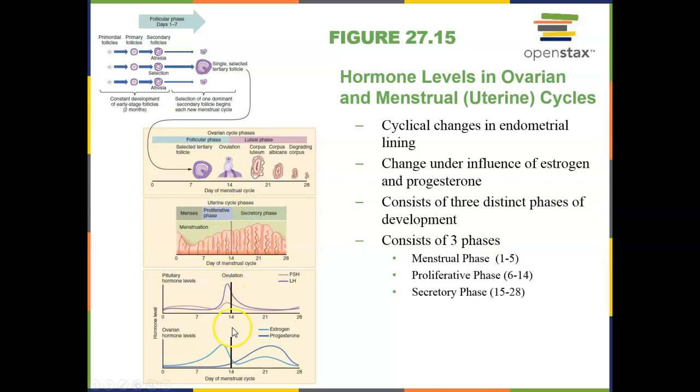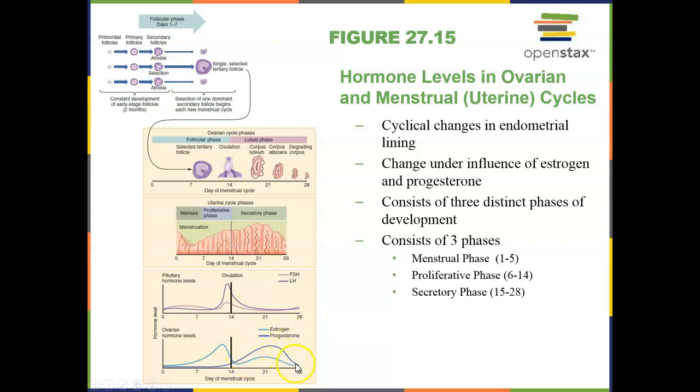So ovulation occurs, and now we have a huge surge in progesterone, and we still have high levels of estrogen, okay? So our follicle stimulating and luteinizing hormones start to dwindle, and we have higher levels of progesterone and estrogen.